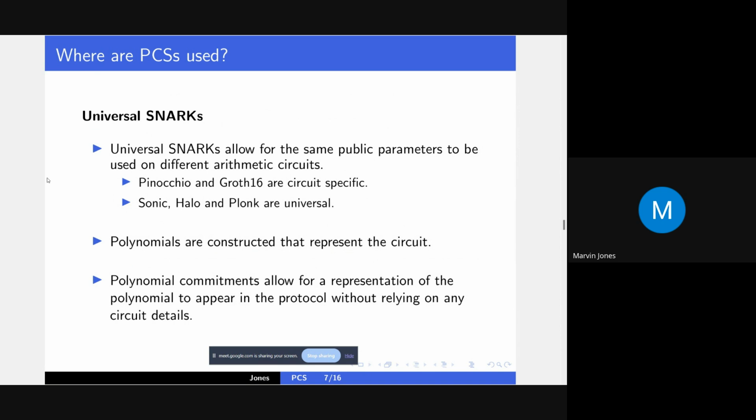Of course, they all do, but you take the circuit, you get it into a polynomial representation, and then you do black magic to it, we'll say. But that's the general idea, that the polynomial commitments allow for these non-circuit specific designs. Okay. So now we're going to go, okay, well, we know the yes.